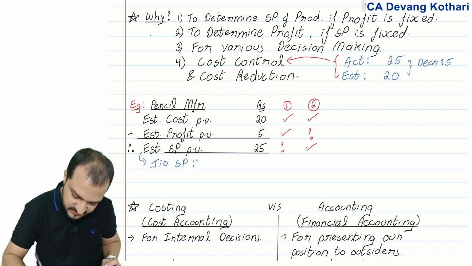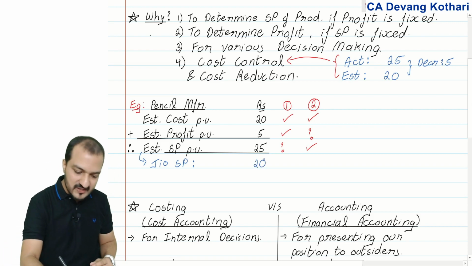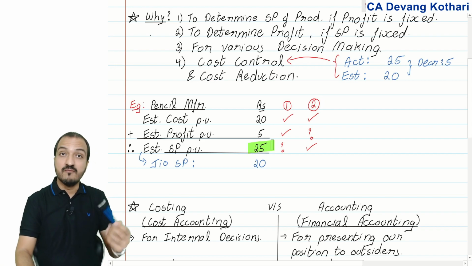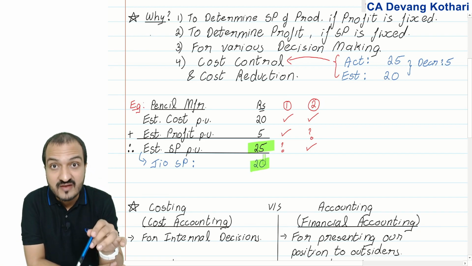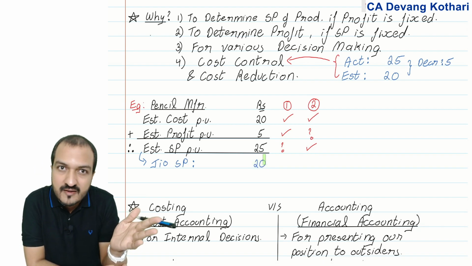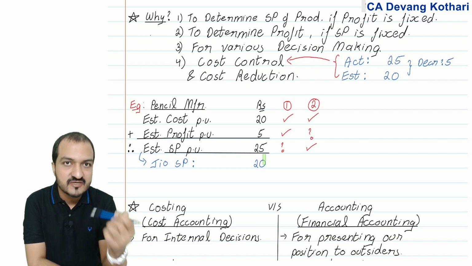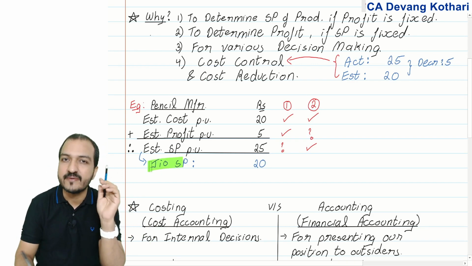Let's say Mukesh Ambani starts selling them at 20 per unit, and you are selling at 25 per unit. So what will happen? All my customers will run away and they will start buying Jio pencils instead of buying my pencil.